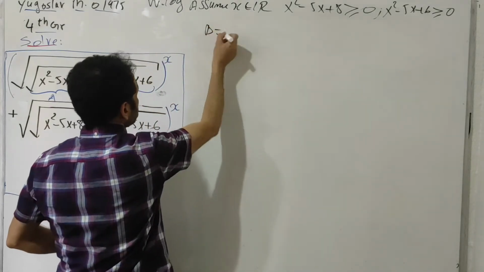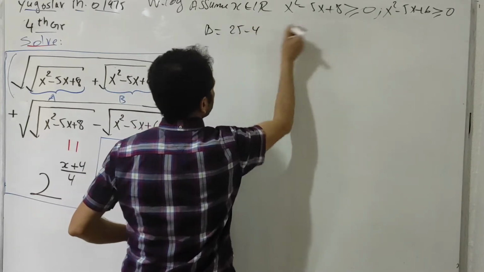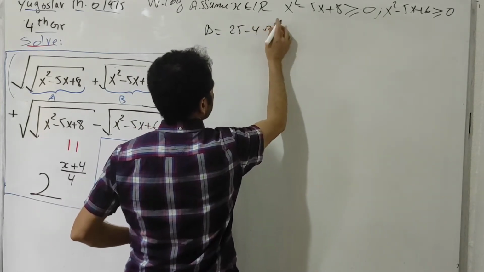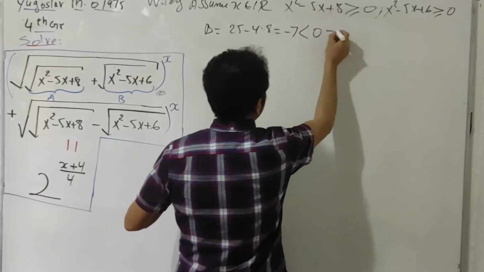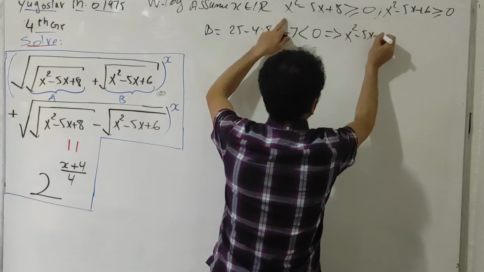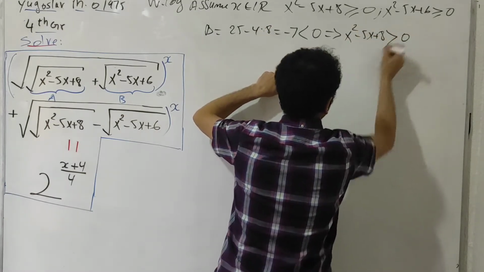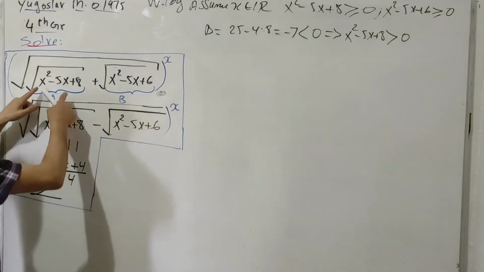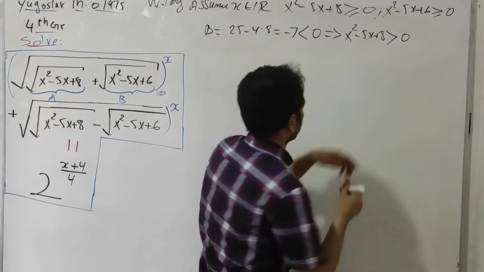Delta equals 25 minus 4 times 8, which is minus 7, strictly less than 0. This tells us the term x squared minus 5x plus 8 is strictly greater than 0. So we don't have to worry about this one because it's positive.